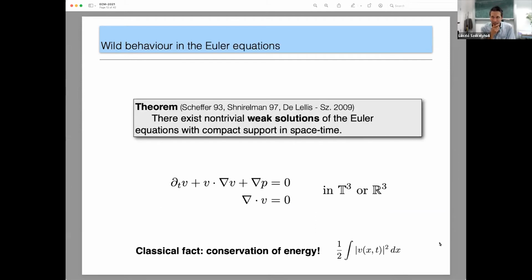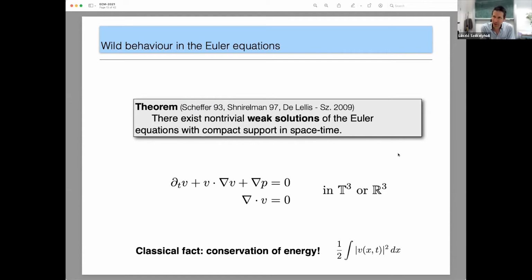Okay, on the other hand, if you look at weak solutions of the incompressible Euler equations, they are very badly behaved. And this was proved by Vladimir Scheffer in 1993 and later extended by Schnirelmann and in joint work with Camillo De Lellis. Basically, the statement is that there exist non-trivial weak solutions of the Euler equations with compact support in space-time.